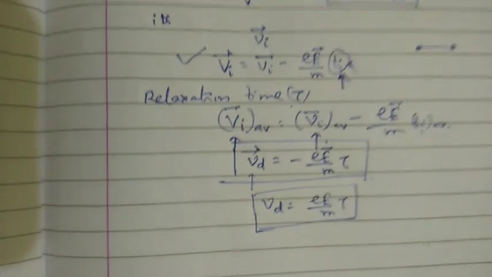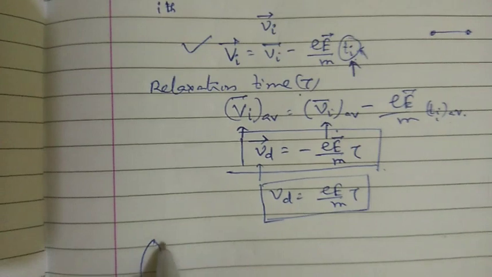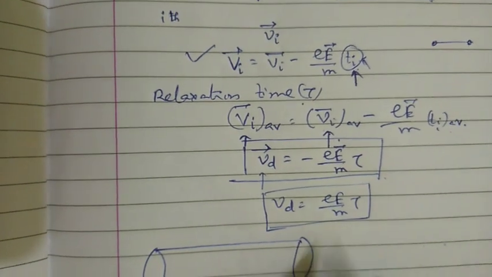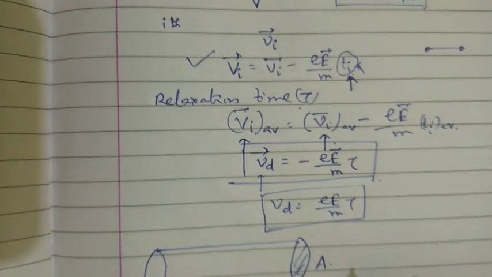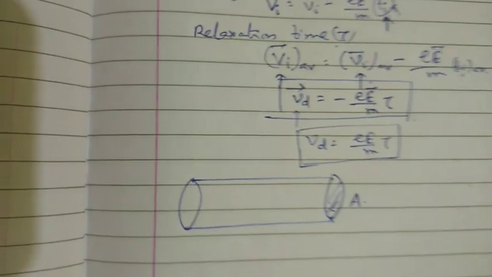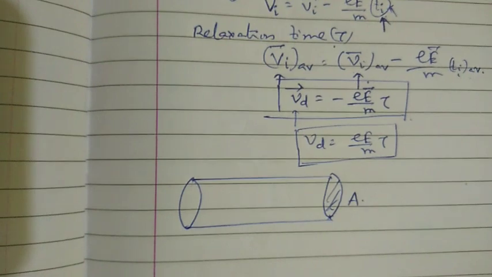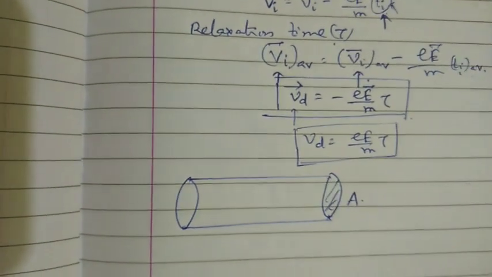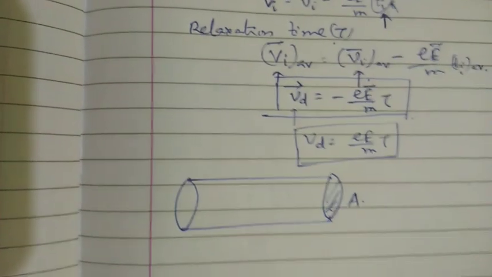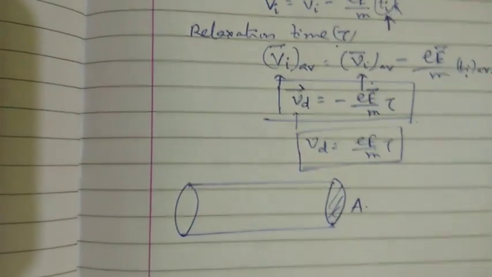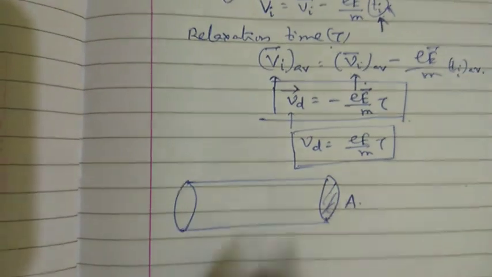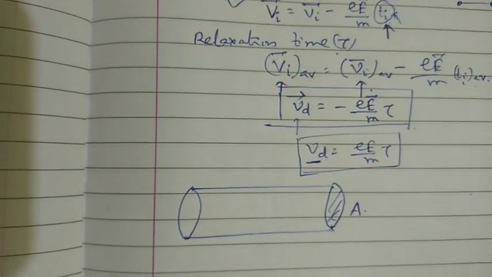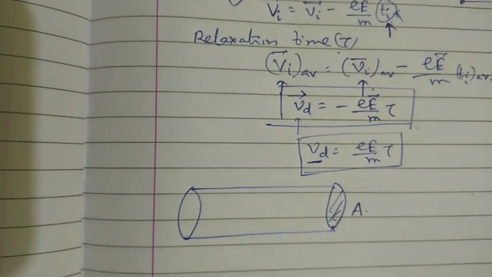For that, consider a conductor of area of cross section A. Current is defined as I equals to Q by t, or the amount of charge that flows through any area of cross section in unit time, or in 1 second. So if the drift velocity is Vd, that means the electrons actually move Vd distance in 1 second.